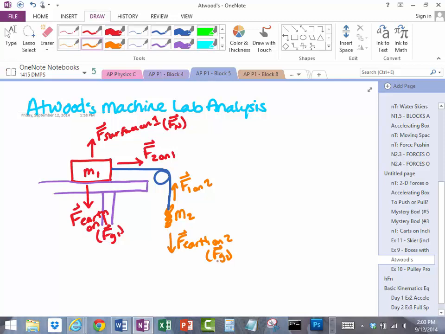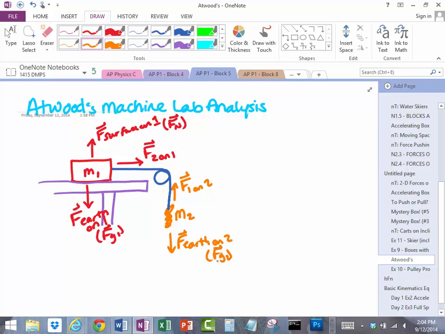Say again? F2 on 1, so tell me more. Yeah. This thing, right? Because the question is about mass, but really mass is going to affect this, which is going to affect this, which is going to affect this. Absolutely.